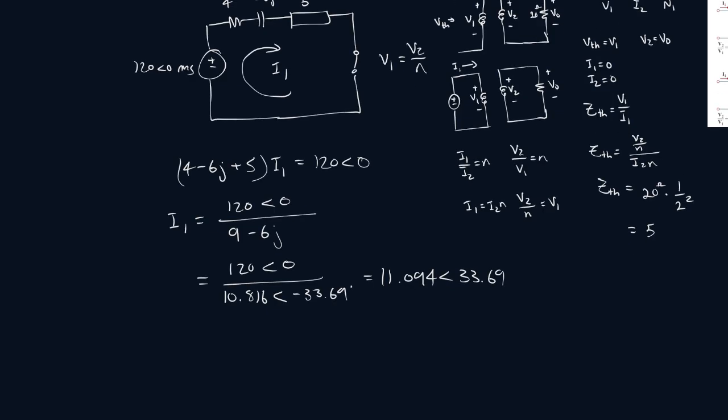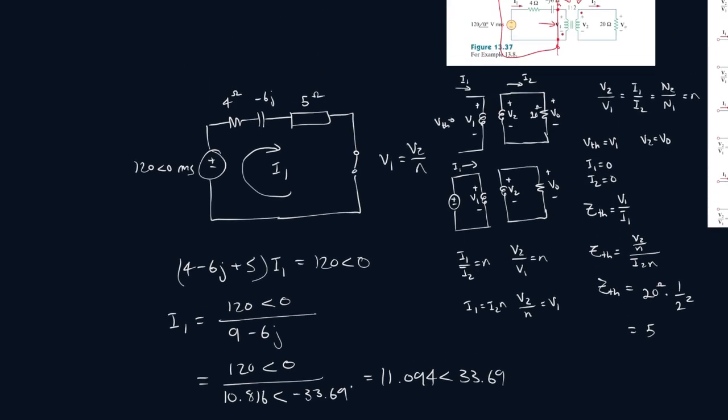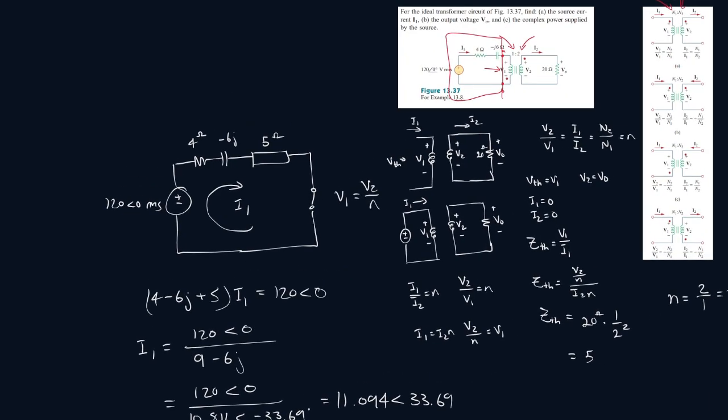Now we can use that to find I2 and then VO.